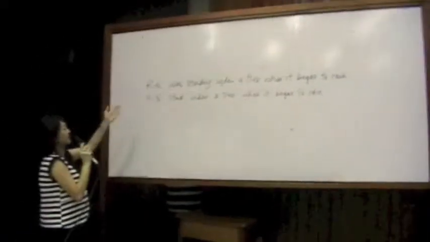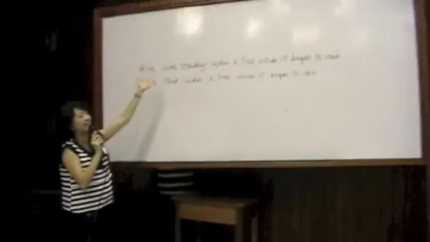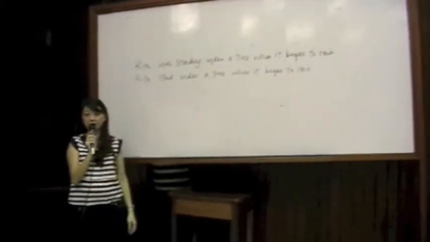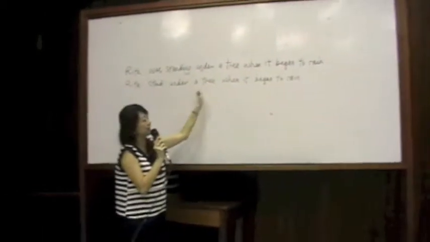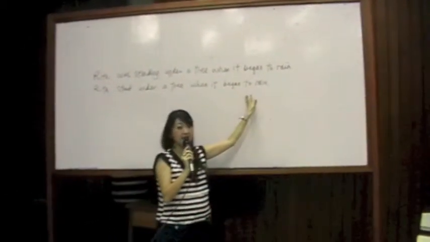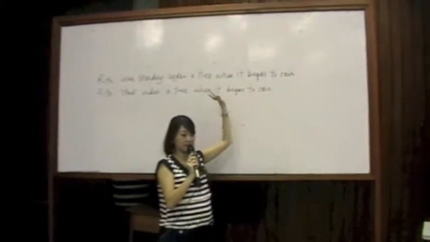The first sentence: Rita was standing under a tree when it began to rain. Second sentence: Rita stood under a tree when it began to rain. Simple sentence? No vocab, right?